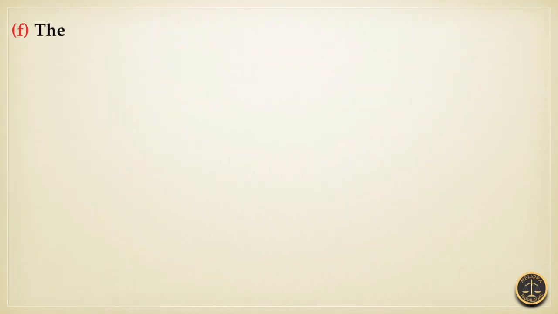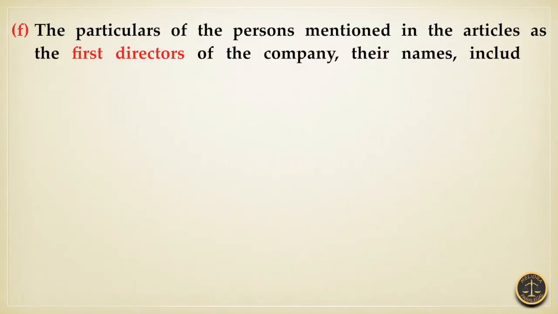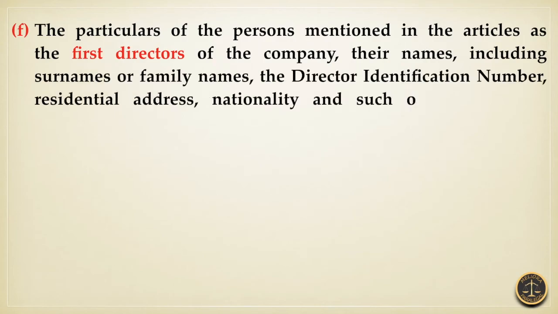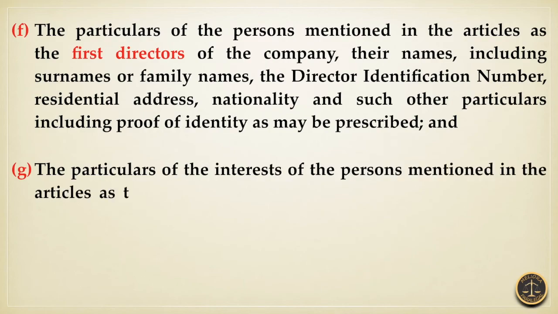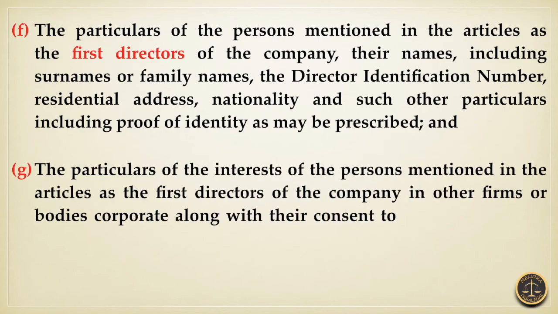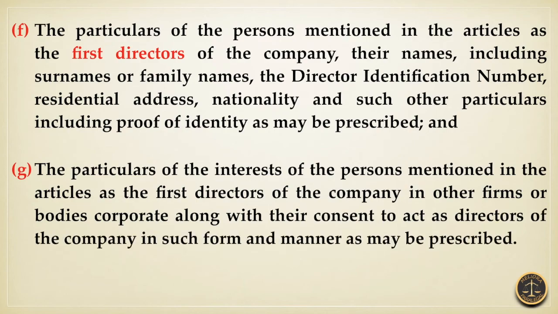Next, the particulars of the persons mentioned in the articles as the first directors of the company, their names, including surnames or family names, the director identification number, residential address, nationality, and such other particulars, including proof of identity as may be prescribed, and the particulars of the interests of the persons mentioned in the articles as the first directors of the company in other firms or bodies corporate, along with their consent to act as directors of the company in such form and manner as may be prescribed.